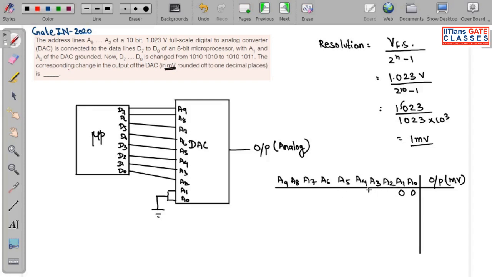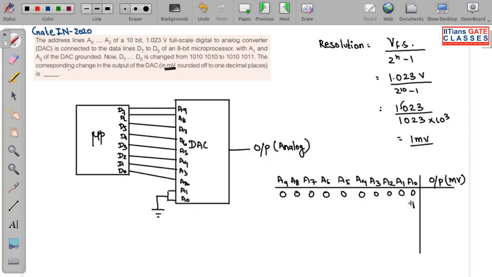Okay, so now if you see, they could have asked you when will be the first transition in output that is taking place. If I ask you that, look, here it will never be 1.